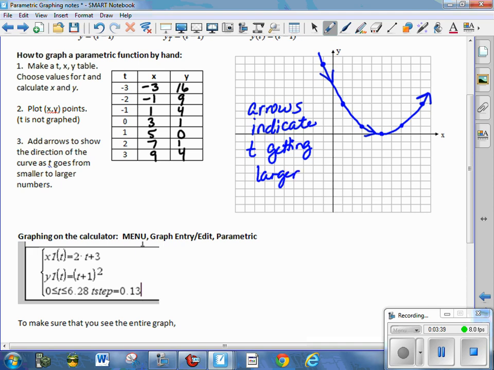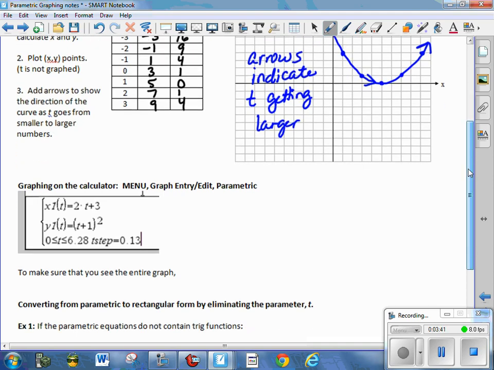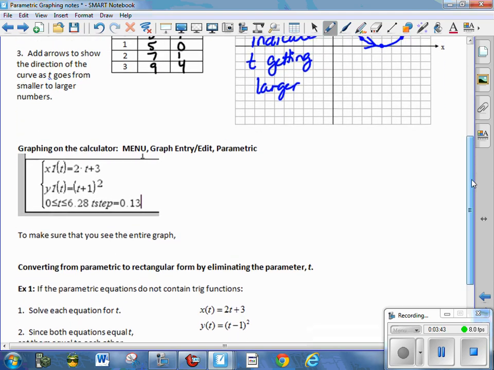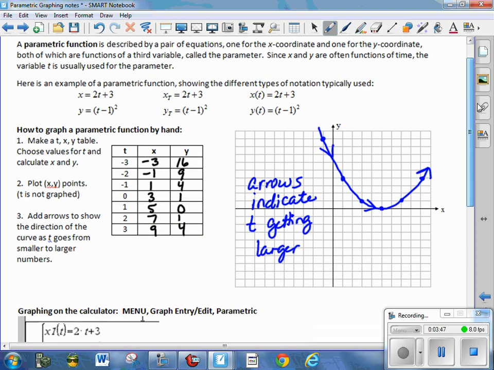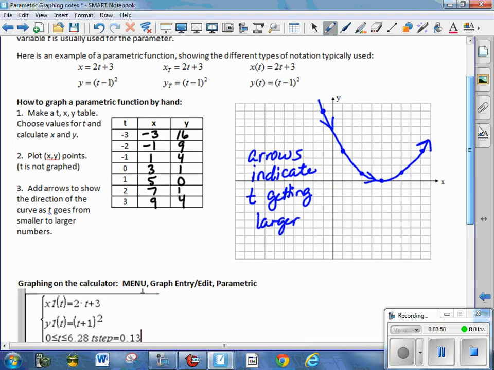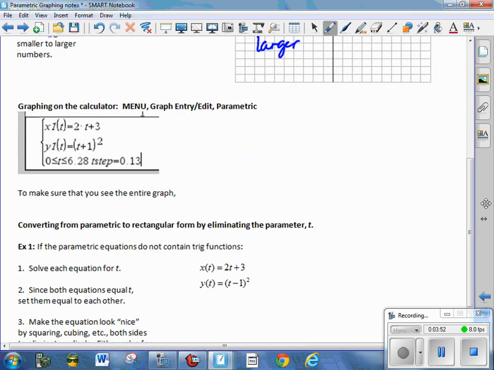Okay. Now, graphing on the calculator. I did make a little mistake in this graphic down here. I meant to graph x equals 2t plus 3, and y equals t minus 1 squared, but I accidentally wrote t plus 1 squared here, so this should say t minus 1 squared. On your calculator, let me open up my calculator.